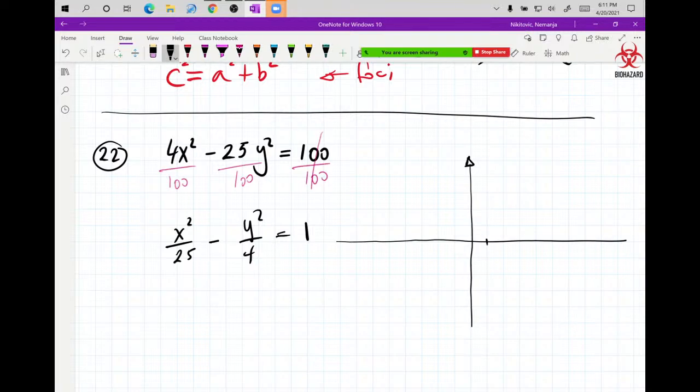So 1, 2, 3, 4, 5. 1, 2, 3, 4, 5. And -5, I mean. Now we need to go up and down 2 units because the next one is 4, right? And 2 squared is 4.